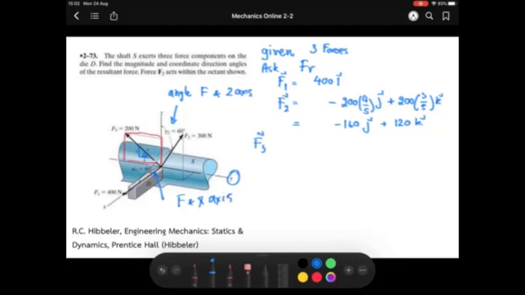So actually this is the angle of a triangle system. It means that this one should be equal to 300 cos 60 i plus 300 cos 60 k. But they didn't give you any angle between force number 3 and the y-axis.